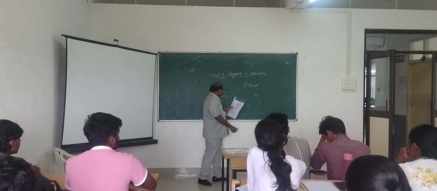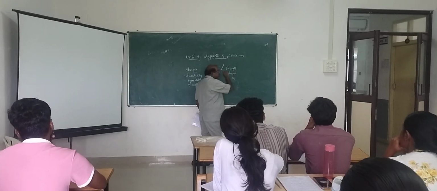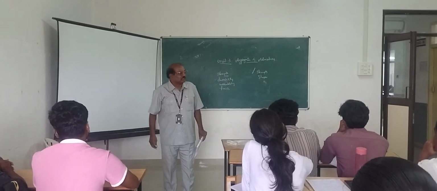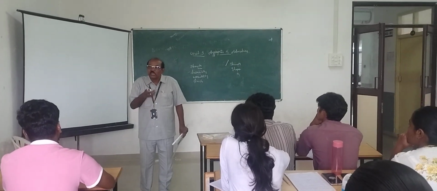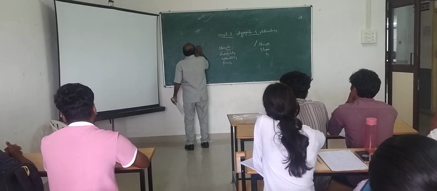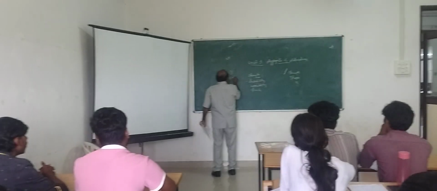I told you strength, what is the meaning of strength. Then shape, the aggregate shape. It should not be round, it should always be angular. Do you know the difference between round and angular? This is round, this is oval, this is angular.